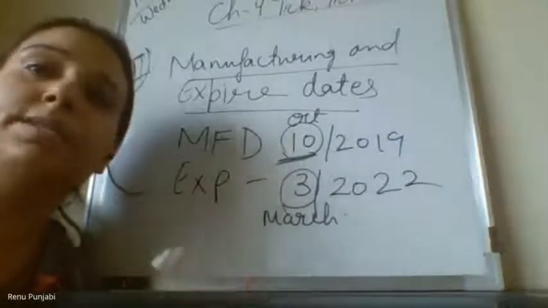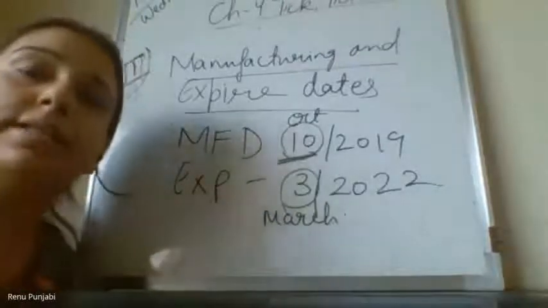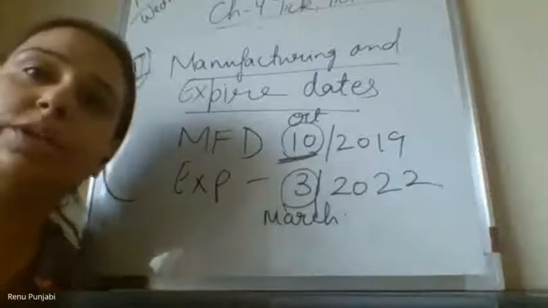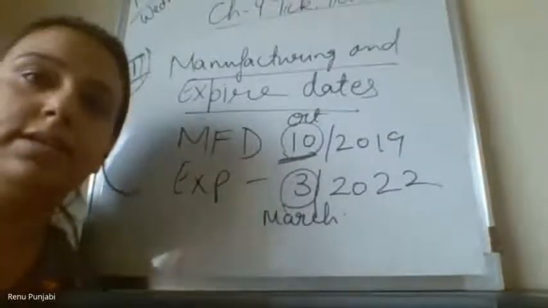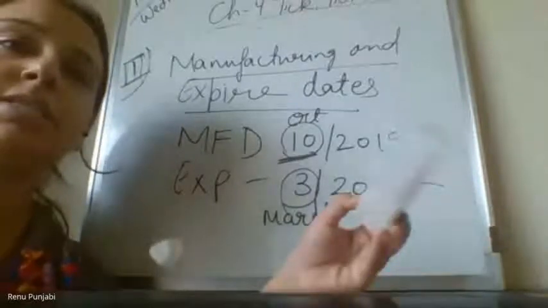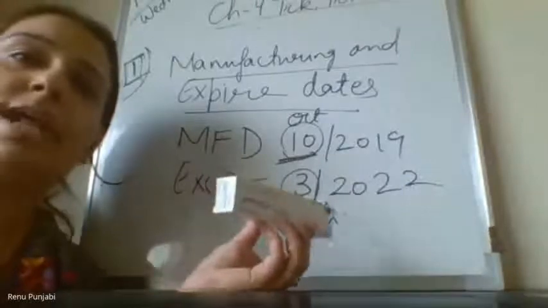Fast movable product means like milk, bread. These are the products which have an expiry date of a few days only, 2 to 3 days. This is a cream because this takes more time to expire, so that we can use it.